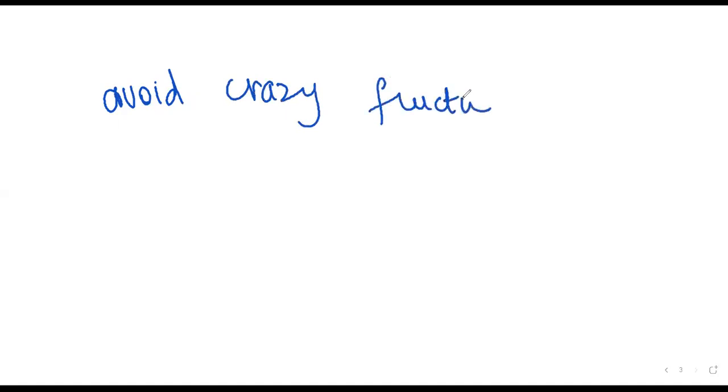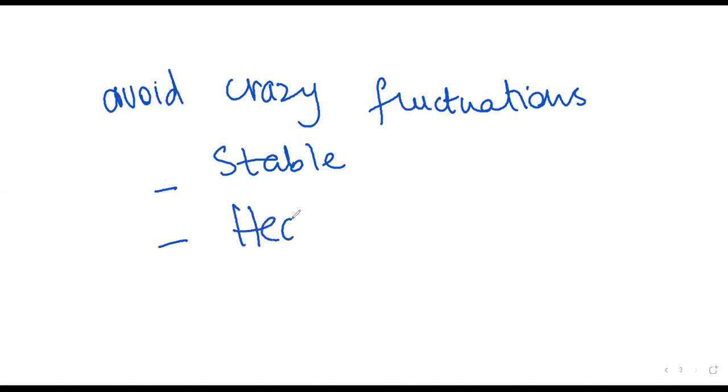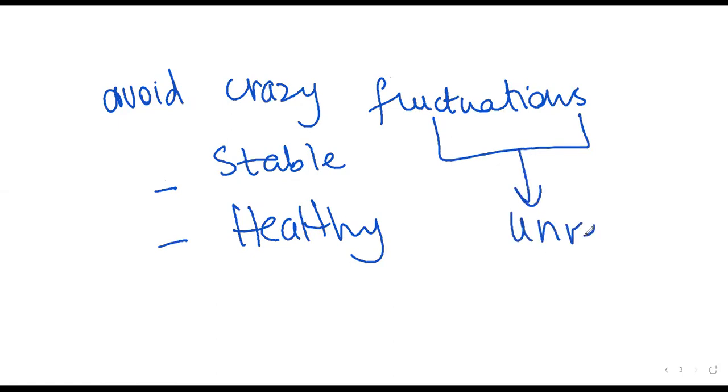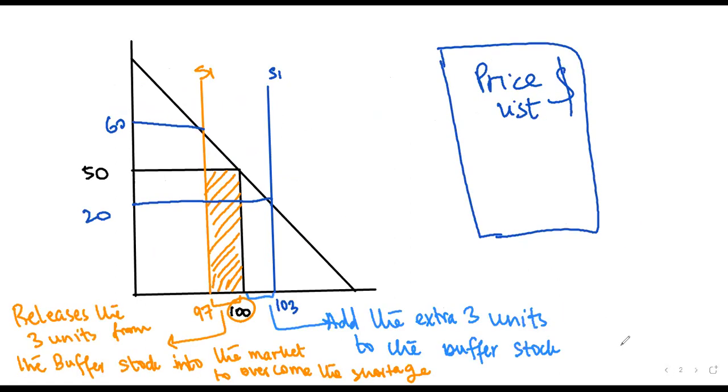We want a stable economy. We want a healthy economy, because fluctuations cause unrest in the country and we don't want that. Are you clear?